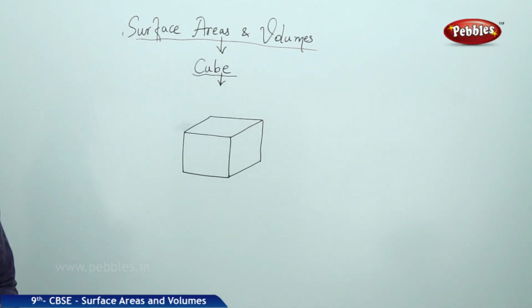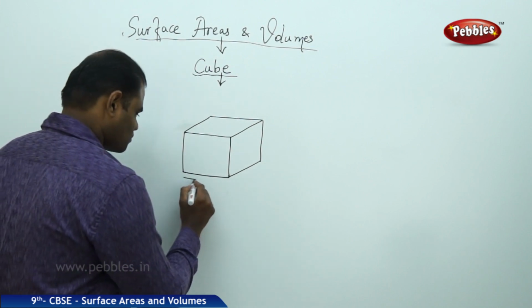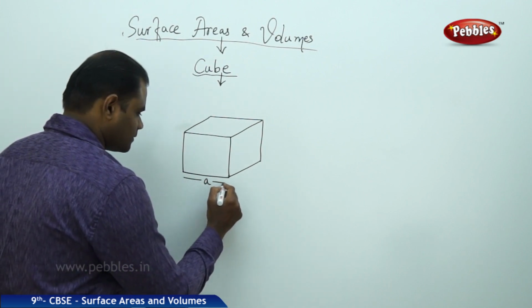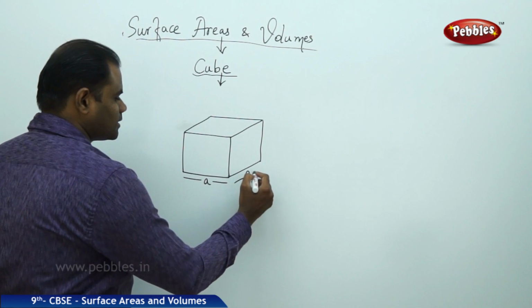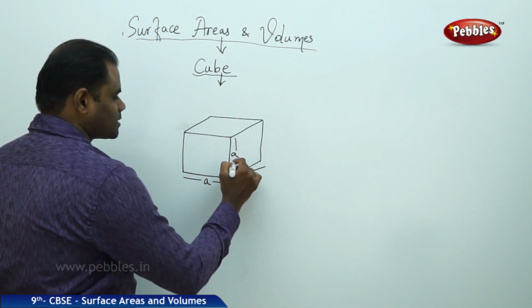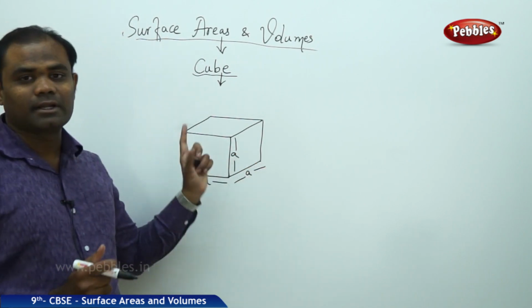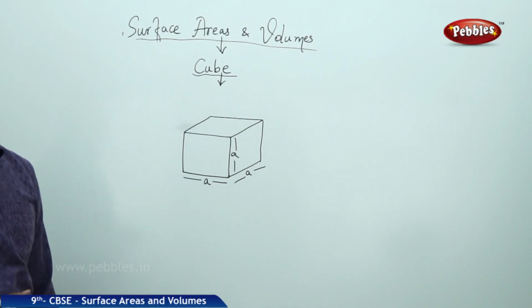This is an example of a cube because, say, this side is A, this side is A, and this side is A. Its length, its width, and its height are all equal in length.